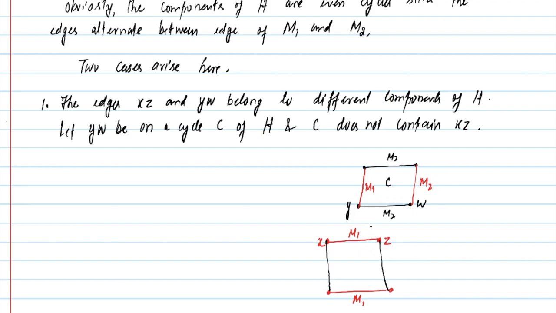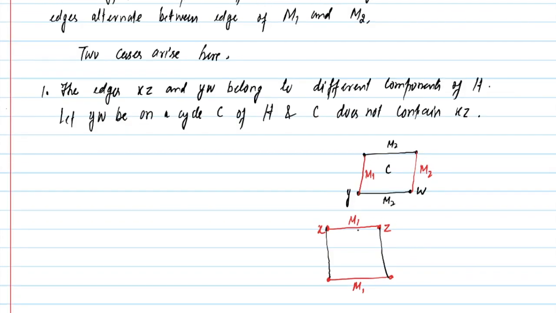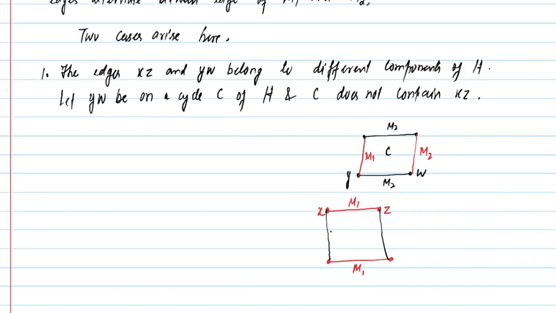We are creating C4s here, cycles of length 4 only, but in general every cycle in H will be of even length. Some cycles may have length 4, some 6 and 8 and so on. But for an example here, we just construct cycles of length 4.